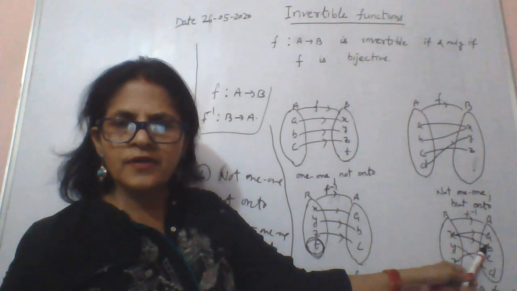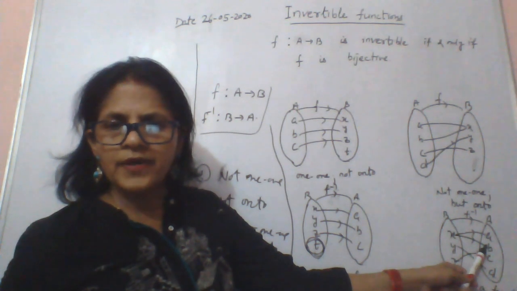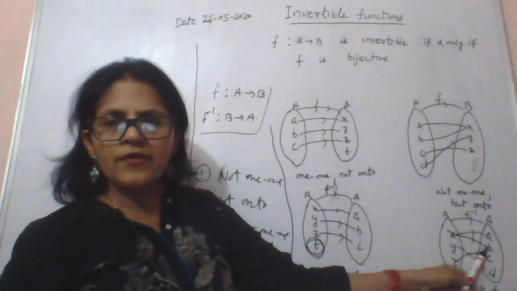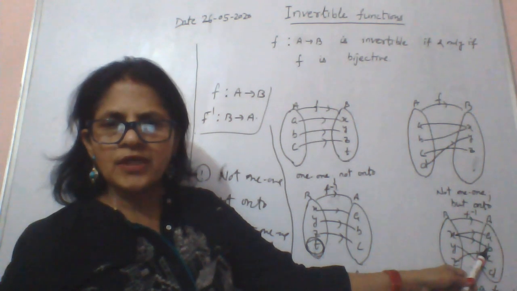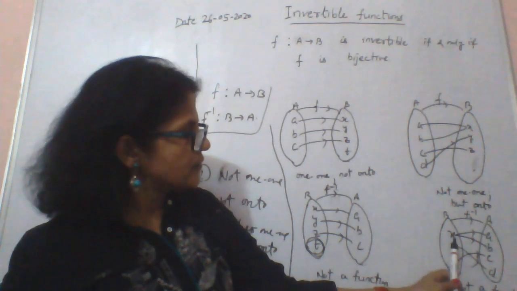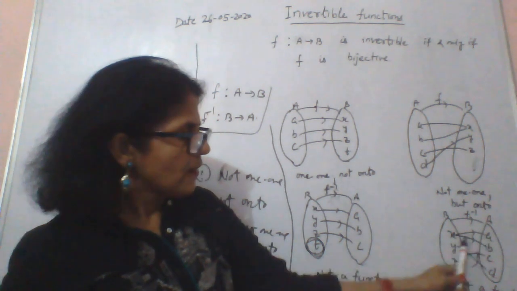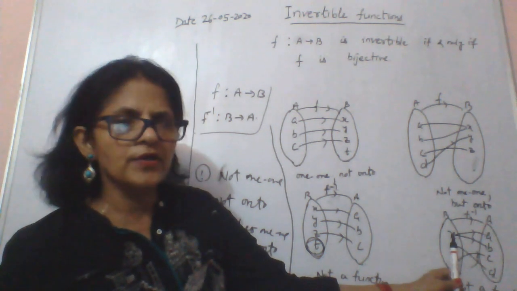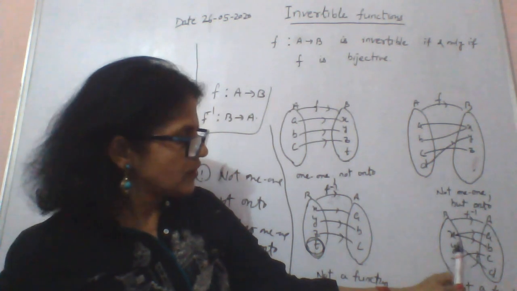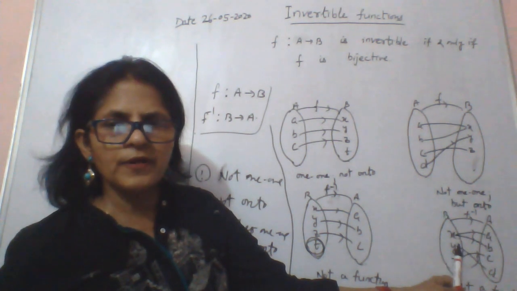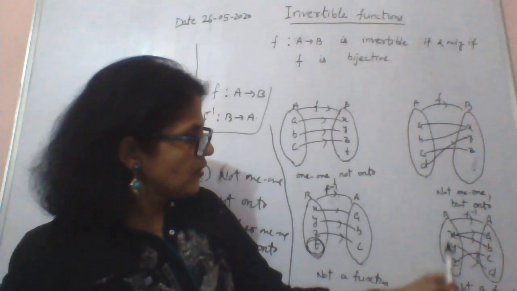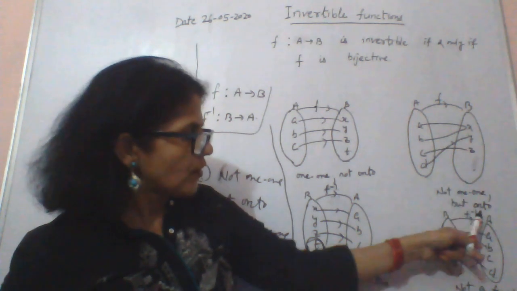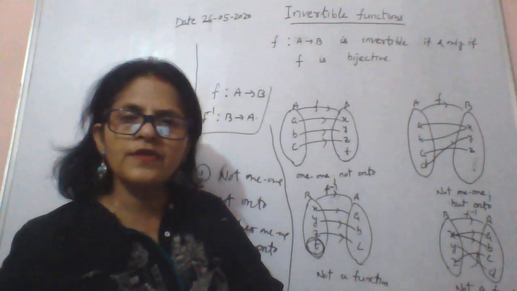Now the function will be valid from A to B if every element of A is associated with a unique element of B. Here you see x is associated with a and x is associated with b. It means the association of x is not unique, so this mapping cannot be called a function. So even if f is a function that is not 1-1 but onto, f inverse cannot be a function.